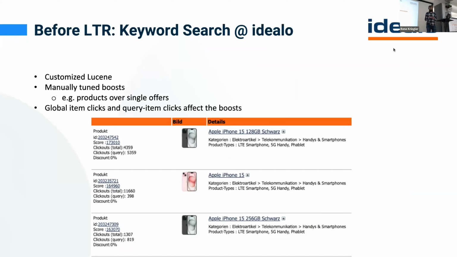We have some manually tuned boosting parameters. These boosting parameters already exist for 15 years. You just say how much weight you put when your query matches the title, how much weight when it matches the description, and then we already have kind of ML: we use previous clicks and put them in the index, previous clicks for an item for the given query.